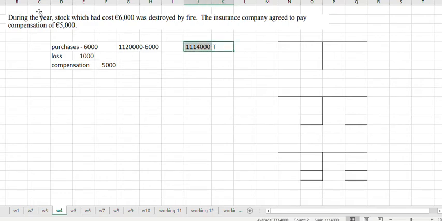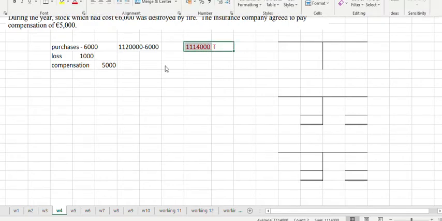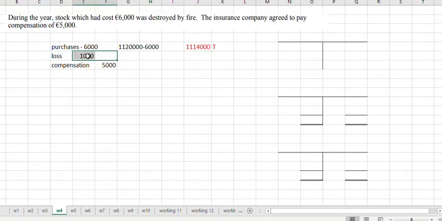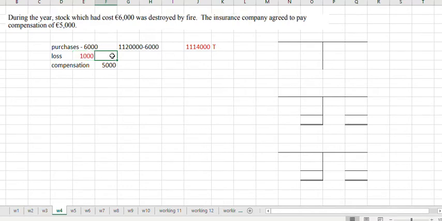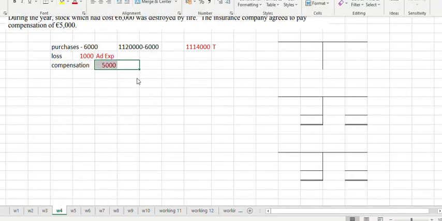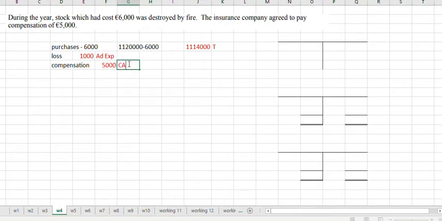The 1,000 is going to go in as an admin expense in the P&L, loss on fire. The compensation is going to go in the balance sheet as a current asset. So 3 figures: purchases, loss from fire, compensation.